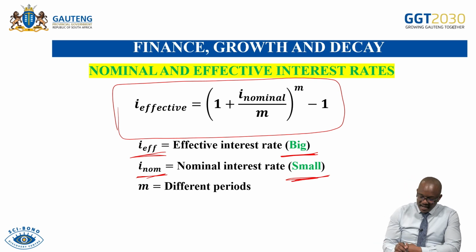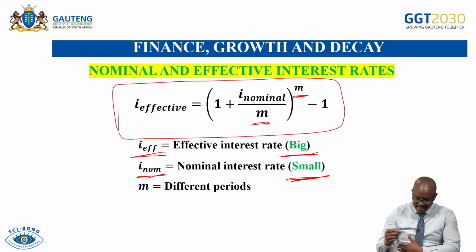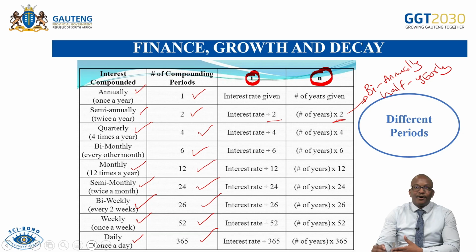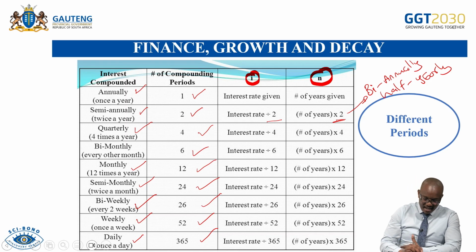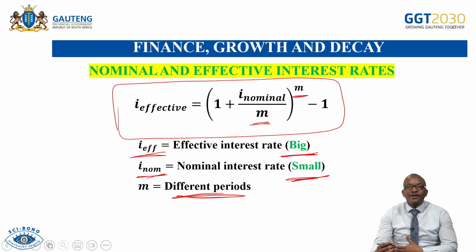And remember, M on this formula, it's representing different period. And remember, when you're talking about different period, is what we've spoken about in this slide. Different period, remember, they are represented by the letter M.